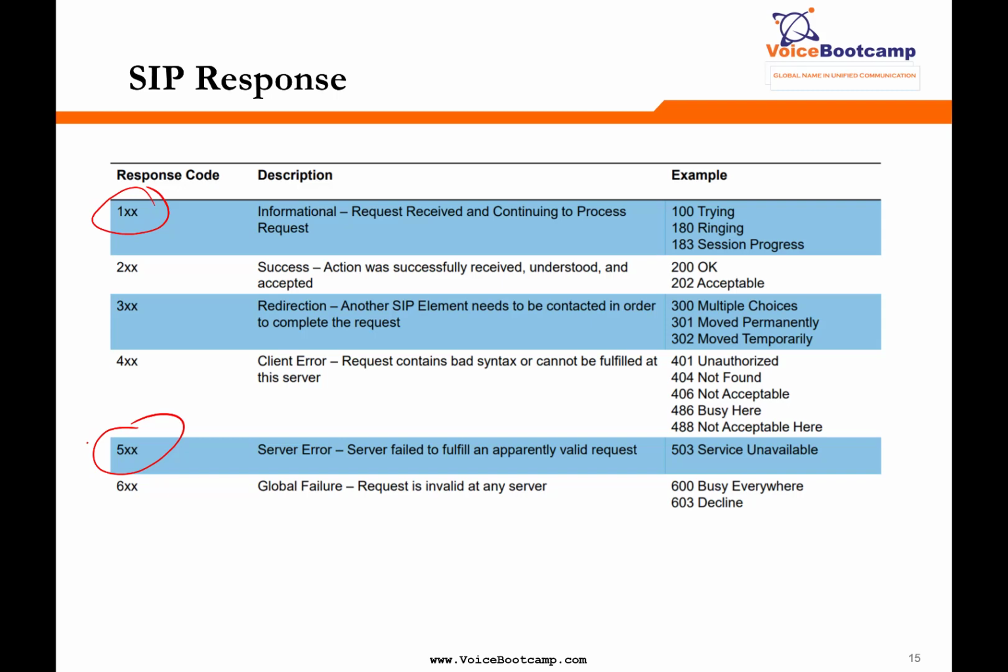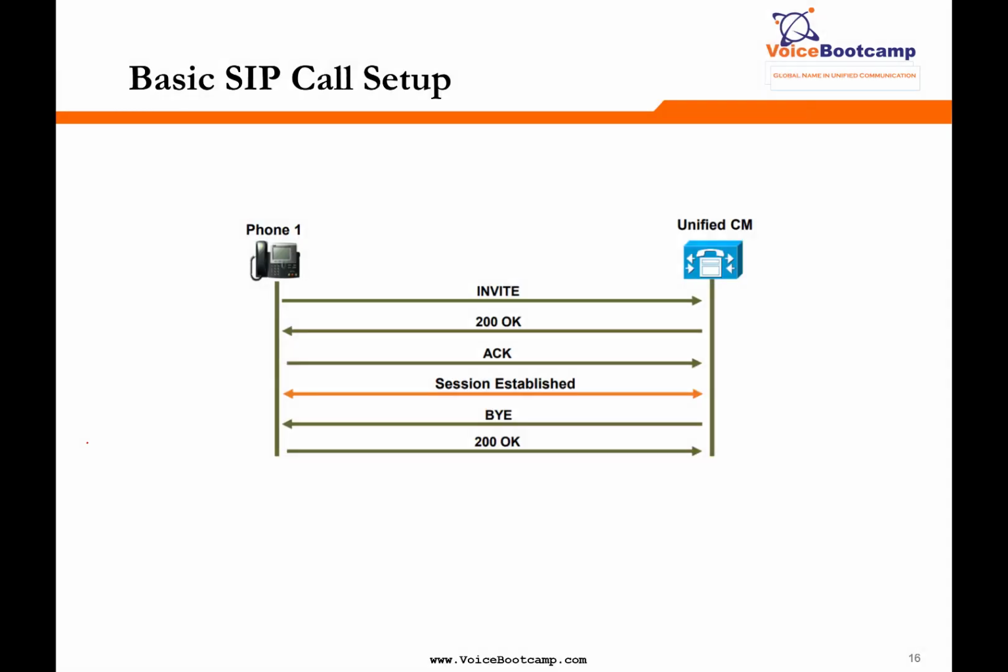So again, it is important for you to understand the response codes and at least the type of error the code is for. So if I'm reading a 404, I know the error is not on my side, it is actually on the client side, because the host may not be found or the number may not exist, and so on and so forth.